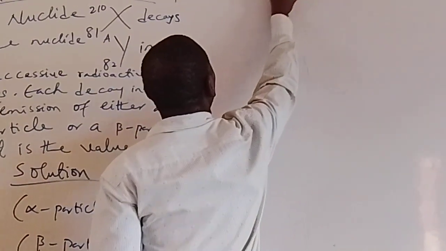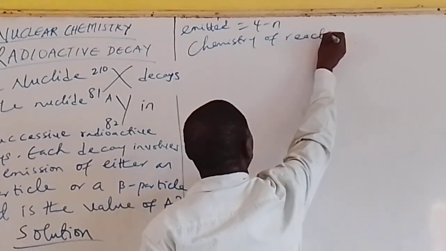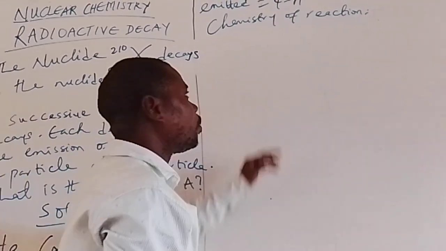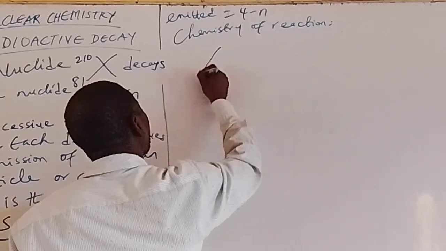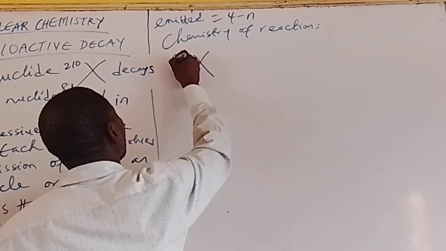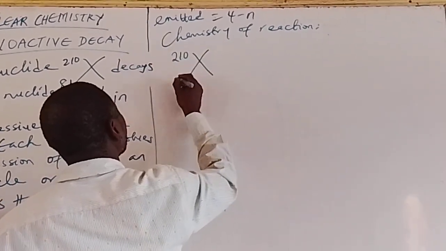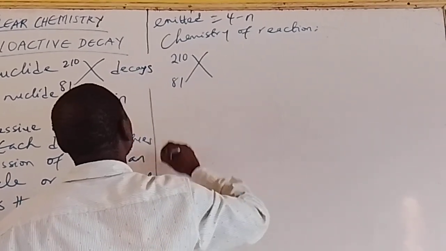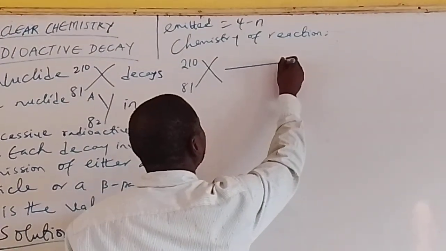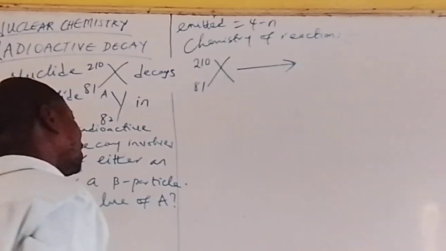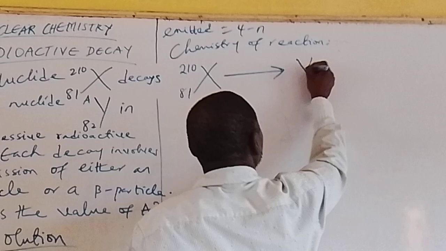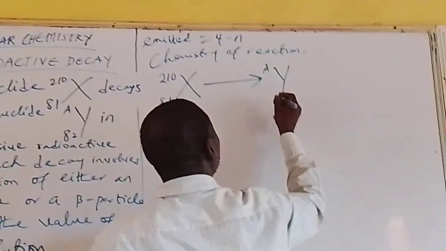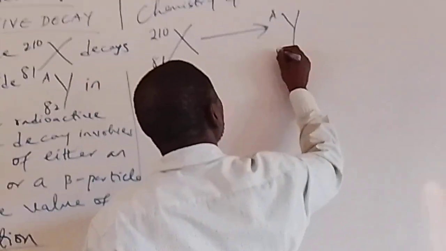So now let's try the chemistry of reaction. That is the next line of action. Let's try the chemistry of reaction for this radioactive decay. Now atom X of mass number 210, atomic number 81, decays to element Y of atomic mass A, atomic number 82.